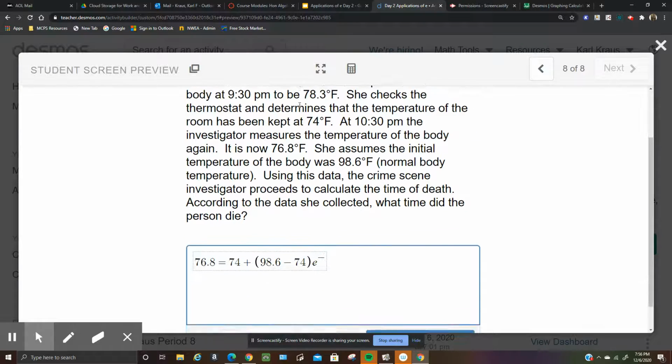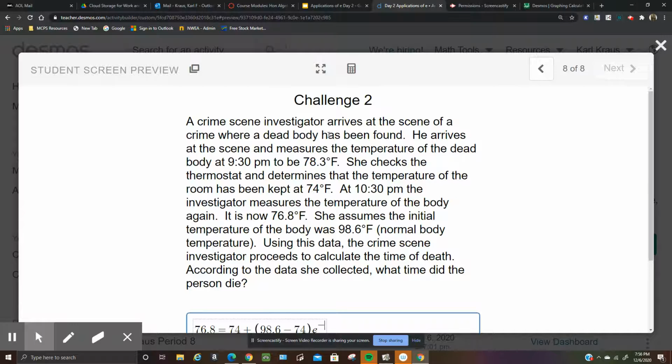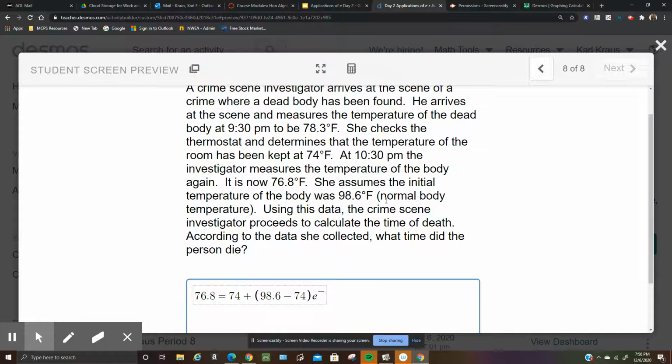All right, so little mistake here. Forgot to put the K in here. Not going to be able to determine that without the K value. Well, it would be whatever the K value is times the amount of time from 9:30 p.m. to 10:30, which would be 60. Wait a second. Maybe we can figure out what K is here.